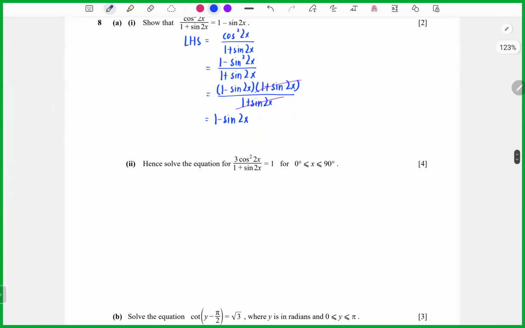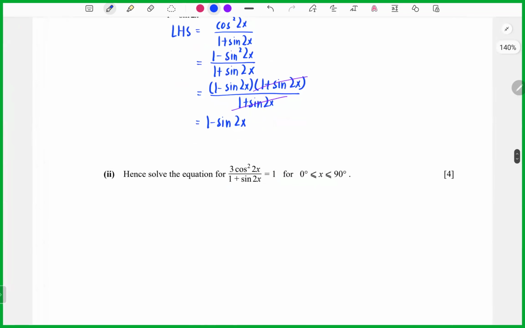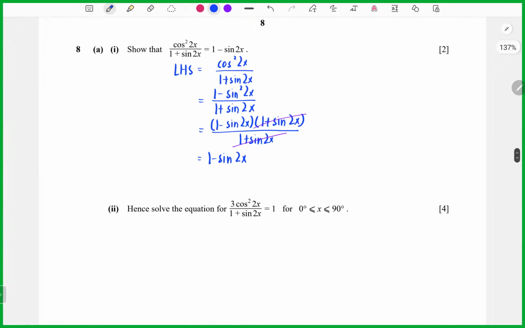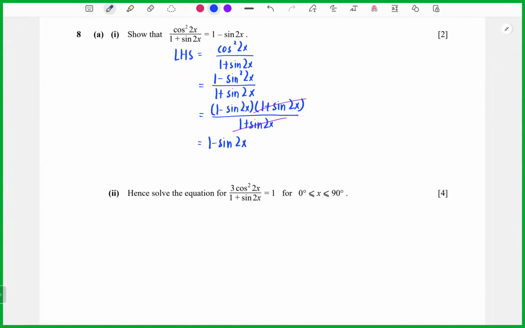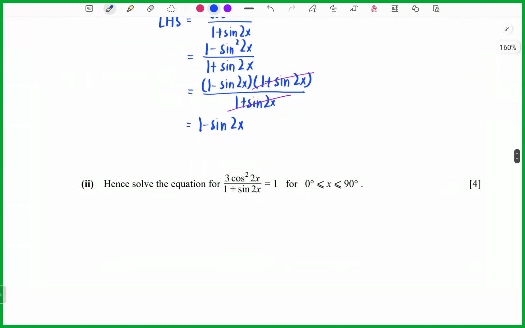So you can cancel, and you will get 1 minus sin 2x. Let's see part 2. You need to solve the equation equals to 1, with x between 0 degrees and 90 degrees, so you need to find the first quadrant only. But you see here is 2x.